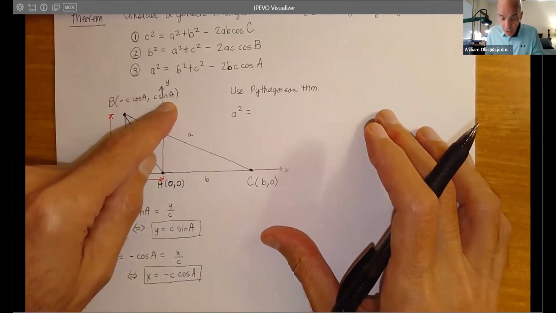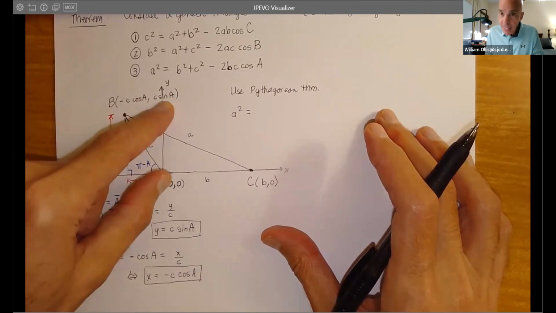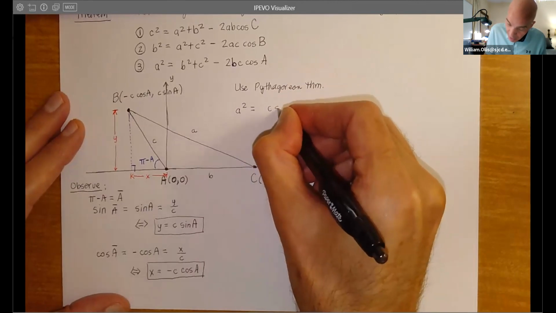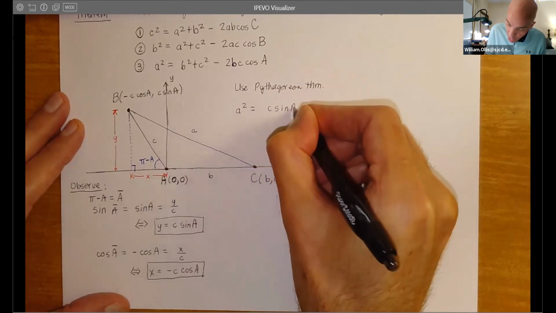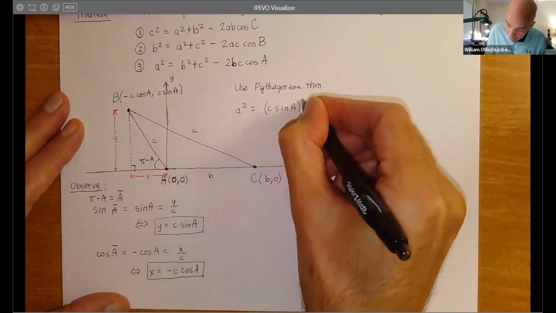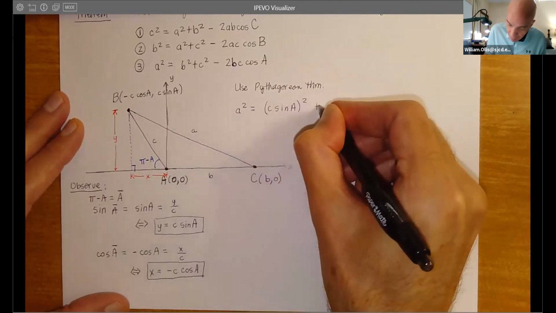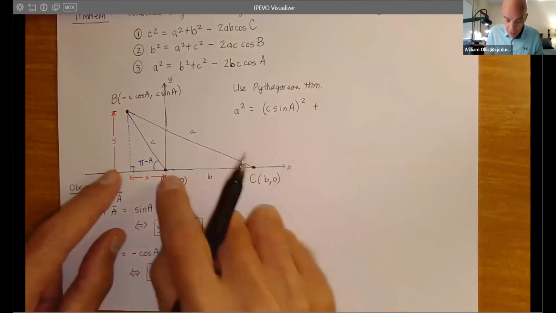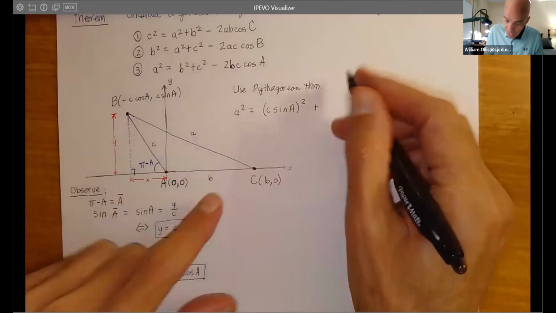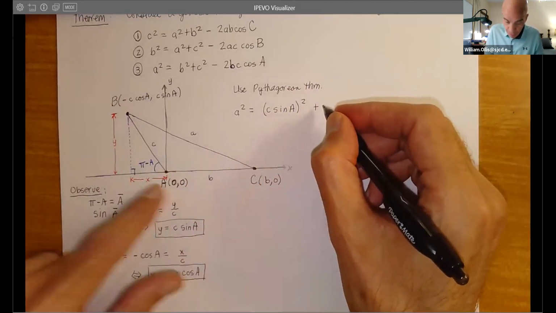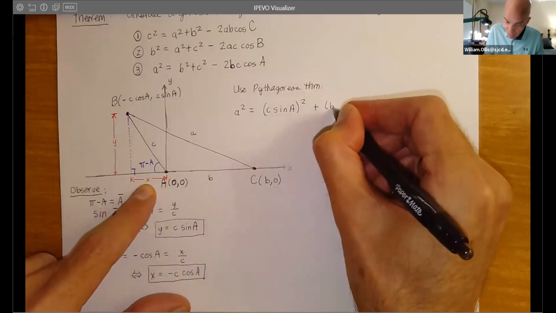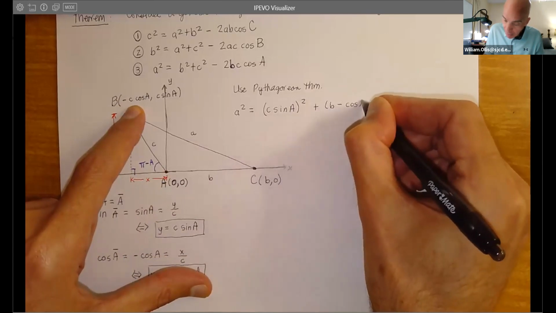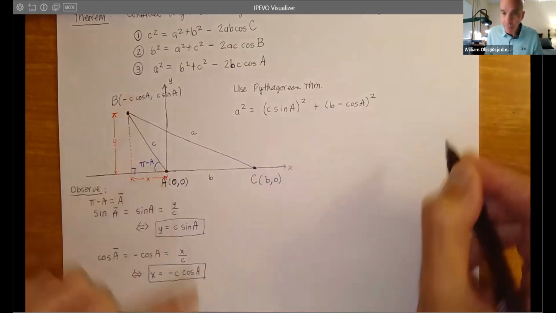We're going to square c sine A, so c sine A squared, plus, now we need the other side, which will be b plus the x coordinate. So we have b, this distance here, plus the x coordinate, so we have b minus cosine A, quantity squared.